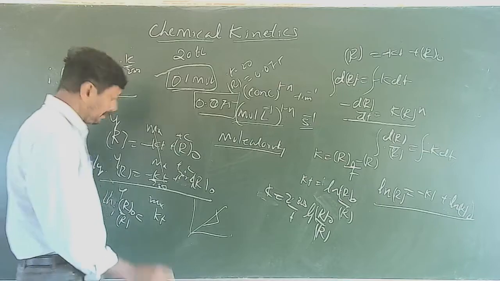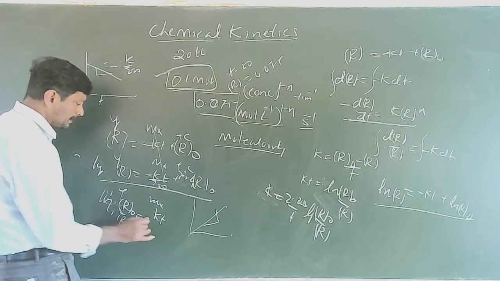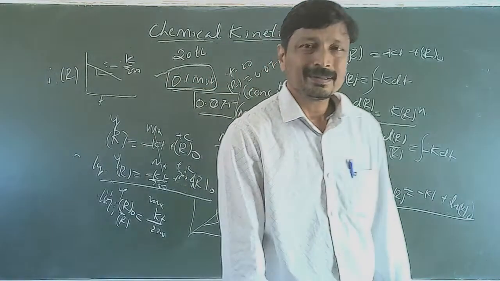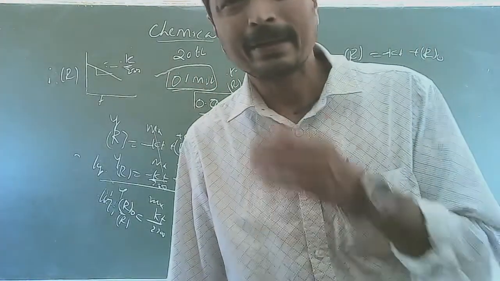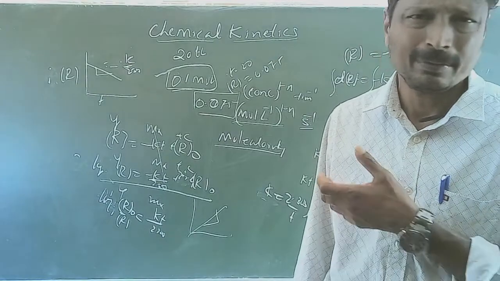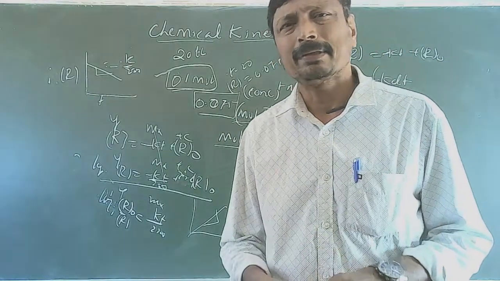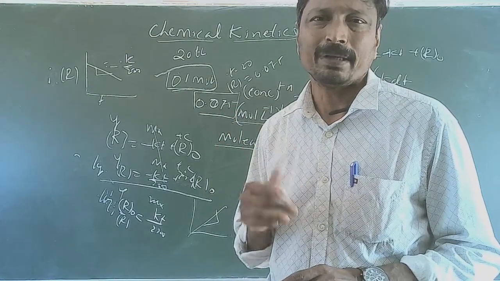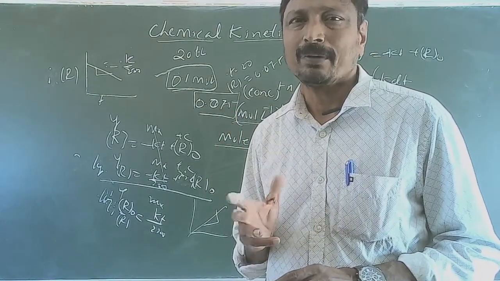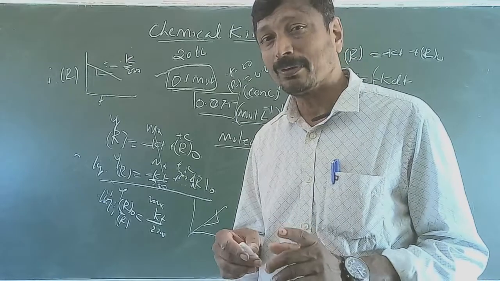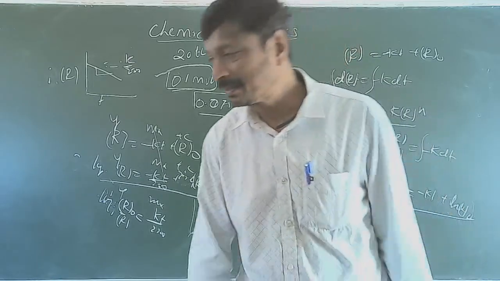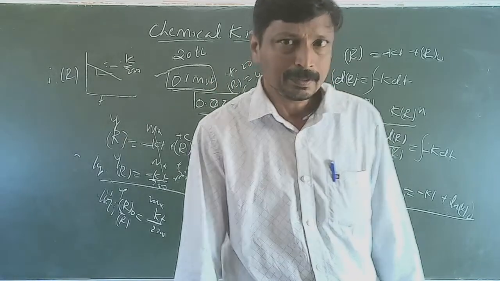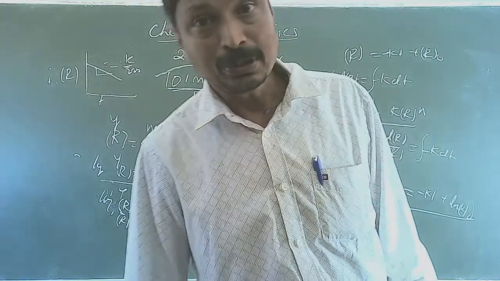If it's log R, then it's k by 2.303. So no need to memorize the graph. I think you have studied in mathematics what the graph is for a negative slope, y is equal to mx plus c, and y is equal to mx. If y is equal to mx, then c is equal to 0, which means the graph passes through the origin. So this equation you have to remember.